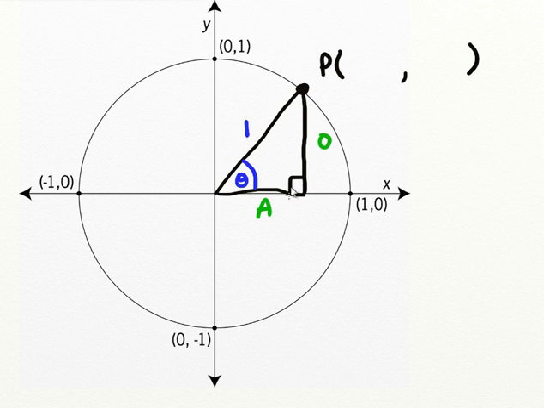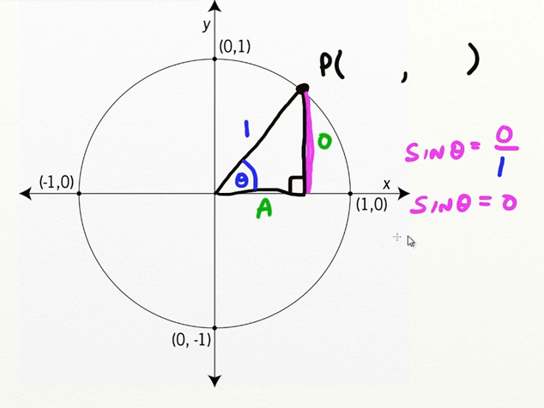And if we wrote the sine ratio for this triangle, we would have the sine of that angle theta equals the opposite over the hypotenuse. But wait a minute, the hypotenuse is 1 in the unit circle. So that makes this really, really simple. We can just say the sine of that angle, well, that's the length of the opposite side. That's this length right here.